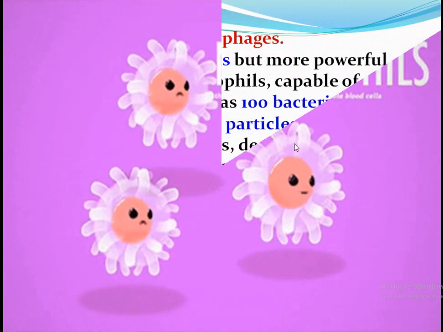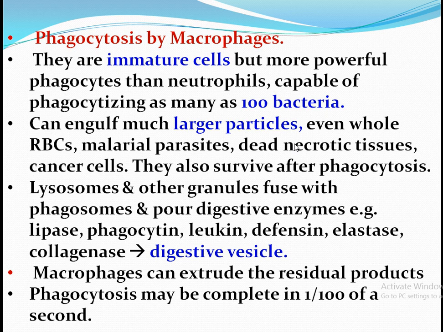For the macrophages, they are immature cells but more powerful, and can engulf larger particles. That is the thing that must be noted here. Again, lysosomes and other granules fuse with the phagosome and form digestive enzymes, and then a digestive vesicle is formed.